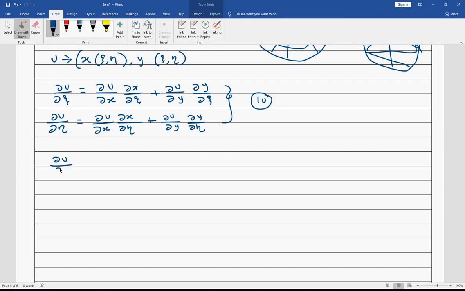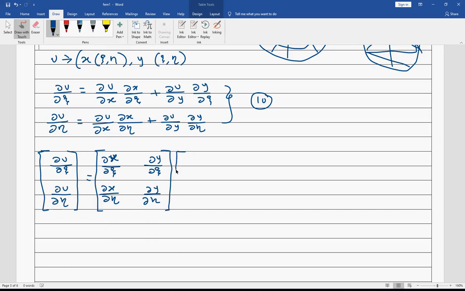So I can write delta u by delta xi, delta u by delta eta, which will be equal to delta x by delta xi, delta y by delta xi, delta x by delta eta and delta y by delta eta, and it will be multiplied to delta u by delta x, delta u by delta y.